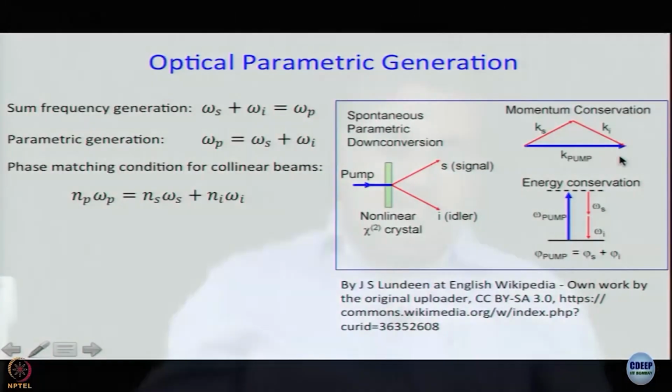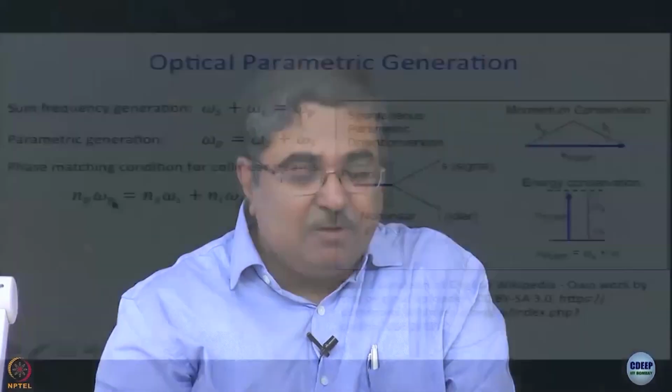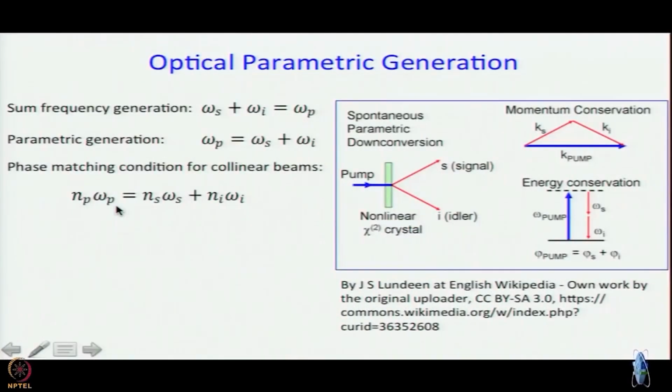And for a completely collinear geometry, the equation that you get is, once again you might remember that we had discussed those polar plots and all, and we said that the condition for production of second harmonic was that the refractive indices had to match for the fundamental and second harmonic. Here also, refractive index multiplied by omega p, Np multiplied by omega p, equal to Ns multiplied by omega s plus Ni multiplied by omega I is the conservation of momentum condition.